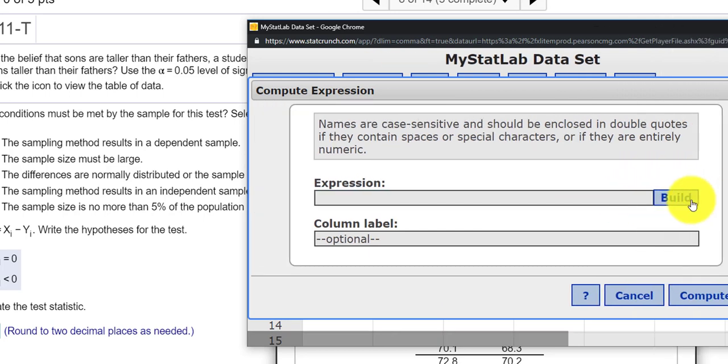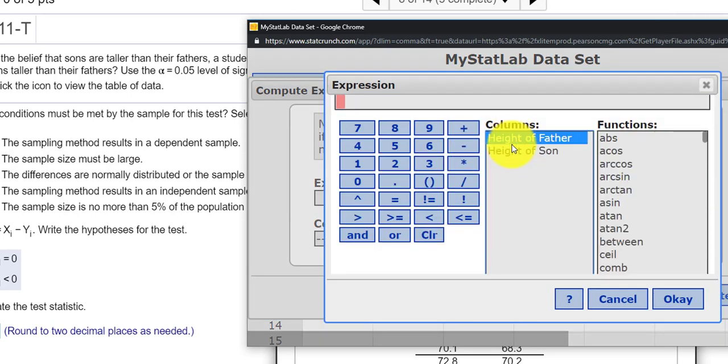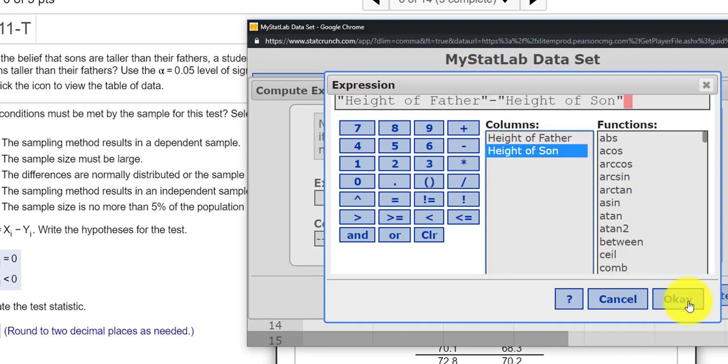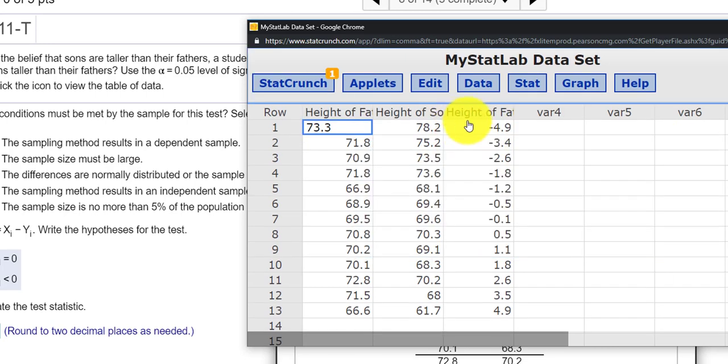Let's make this a little bigger so you can see. We want to do the father minus the son, and we press OK. This is the height of the father minus the height of the son. And now from here, we can calculate the test statistic.